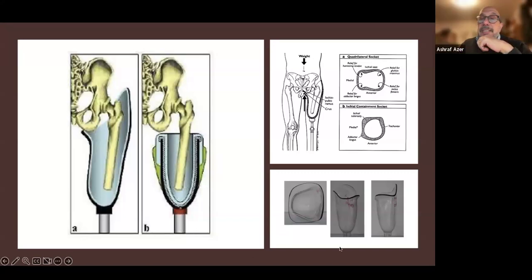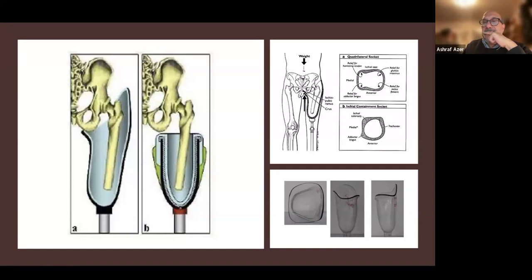So when you see a case of them, you look at the socket. If you have a socket on the table and you see it high like that, it's ischial containing. If you see it quadrilateral like that with a shelf in here, this is an ischial bearing prosthesis.